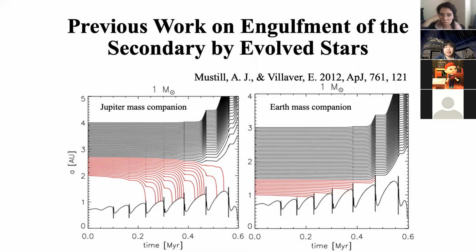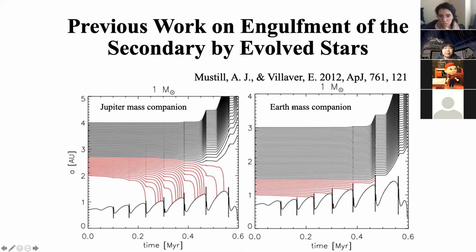If the initial separation is big enough, the black line tells the story. In the cases where the secondary star survives, the orbit expands due to the heavy mass loss of the primary. The difference between the 2 plots is that for a Jupiter-sized planet, before the merger, the orbit shrinks because of tides.